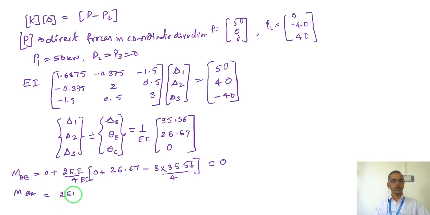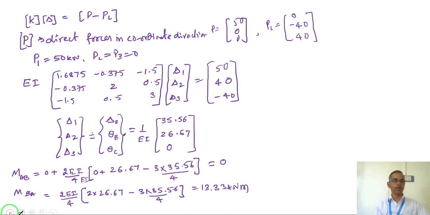So 2EI by L into 2 theta B, that means 2 times 26.67, plus theta A 0, minus 3 into 35.56 by L, which is 4, is equal to 13.33 kilonewton meter. So MBA is obtained.